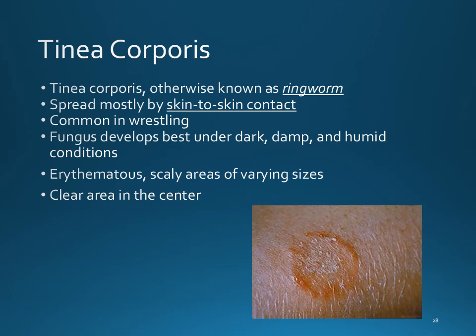So some of the conservative treatment is going to surround itself with letting it air out if possible. Now, some of these, and you'll see, you're not going to be able to let air out unless you're at home alone in your room. So, just because of its location. But that would be one of the things that we would want to do. We would want to make sure the area is really clean and dry as much as possible. Those would be some conservative treatments for this.